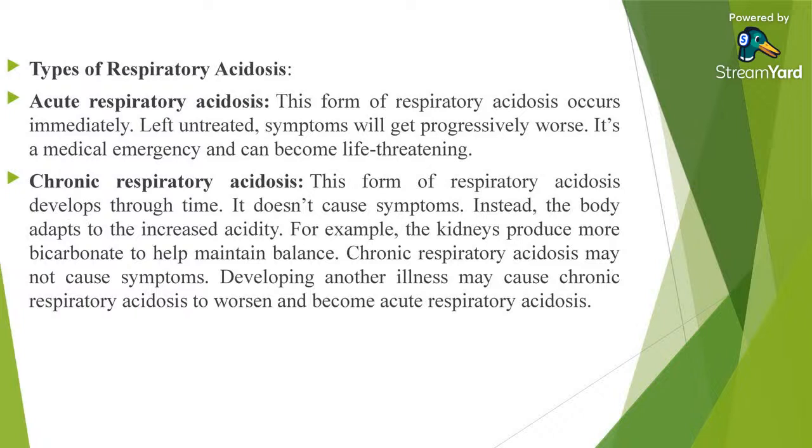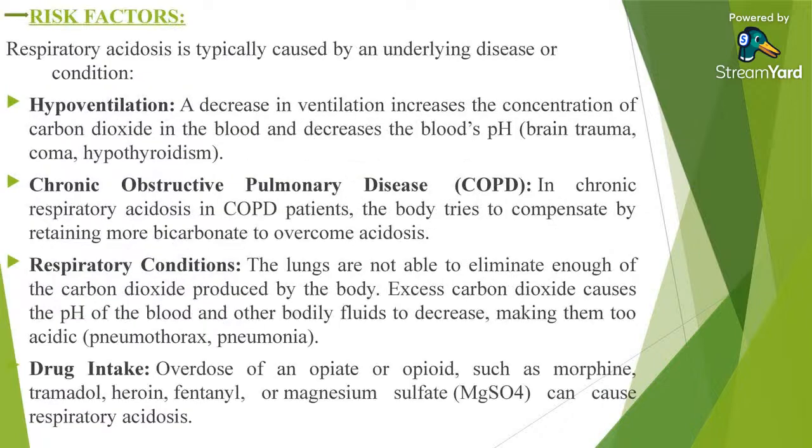It does not cause symptoms. Instead, the body adapts to the increased acidity. For example, the kidneys produce more bicarbonates to help maintain balance. Chronic respiratory acidosis may not cause symptoms. Developing another illness may cause chronic respiratory acidosis to worsen and become acute respiratory acidosis.